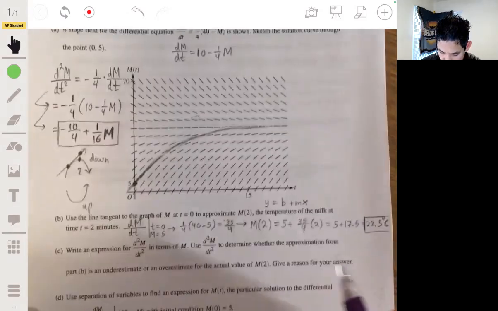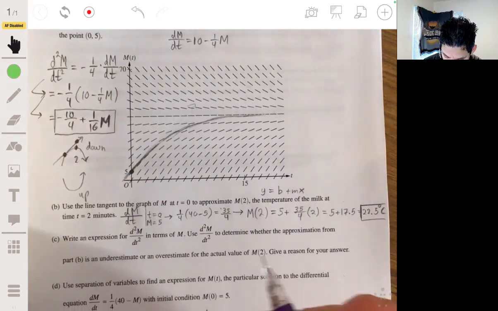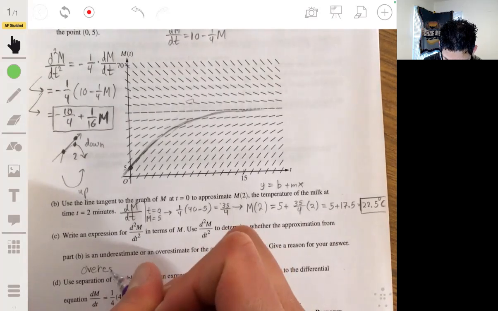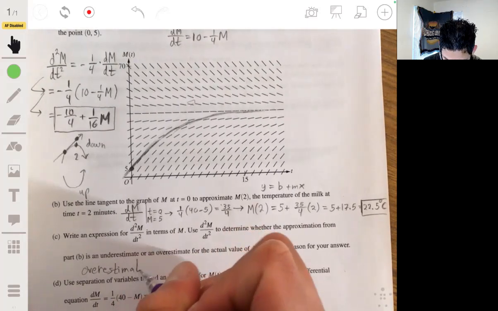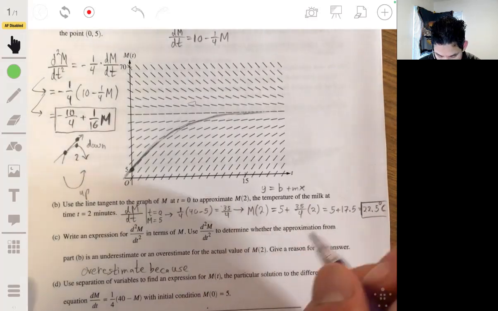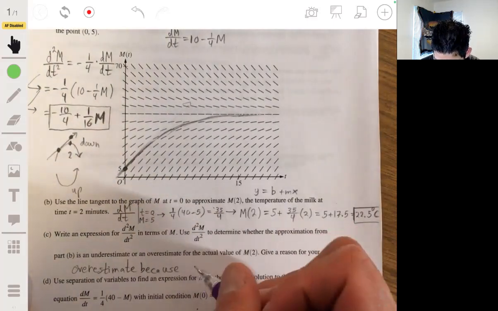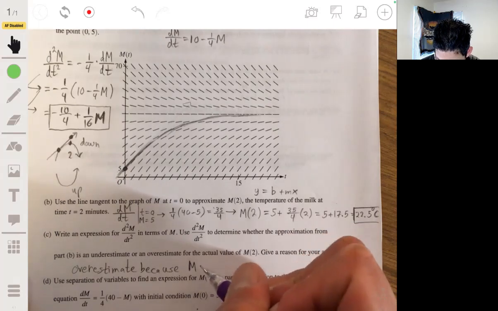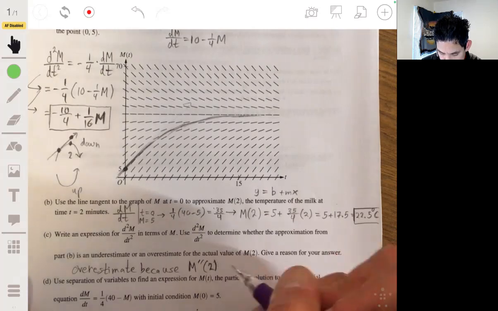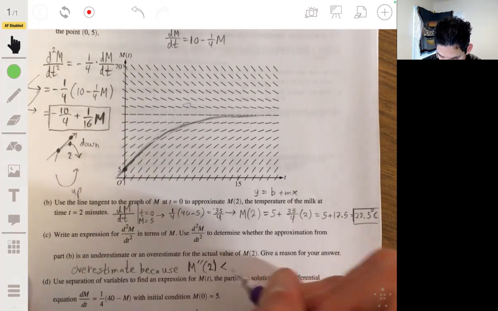So I would put that it would be an overestimate because the second derivative of m of t, in this case when t is 2, is negative.